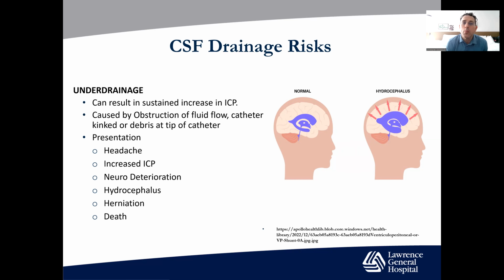You can see this caused by obstruction of fluid flow, say the catheter is kinked, or there's debris at the catheter tip, or maybe we put this in because of hemorrhage into the ventricles and there's a clot within the EVD catheter. So the presentation would be headache, but think really of any neurological decline, altered mental status, etc. This is of concern because in the worst of cases, this could lead to herniation.